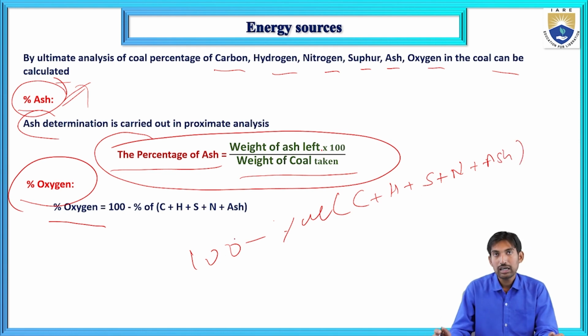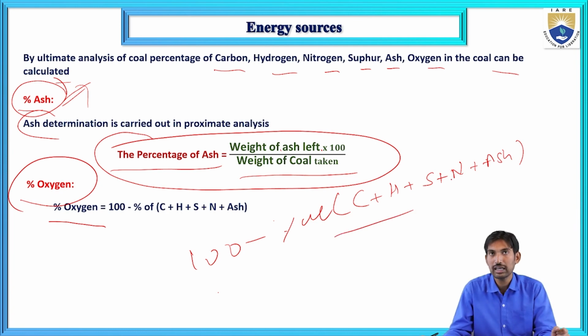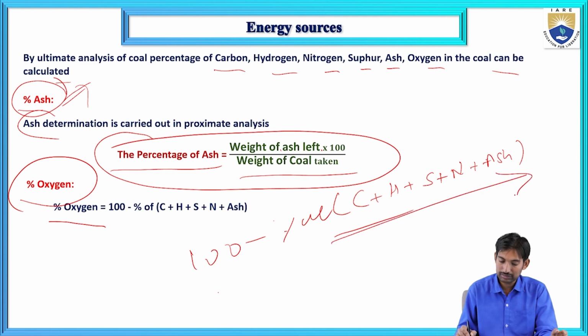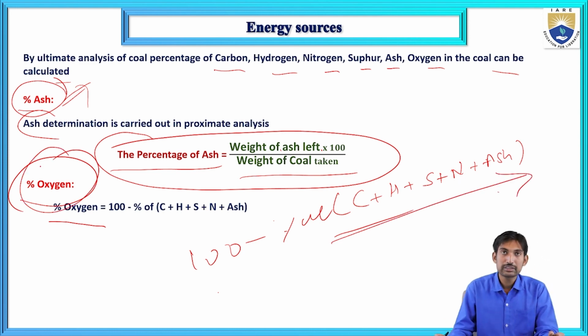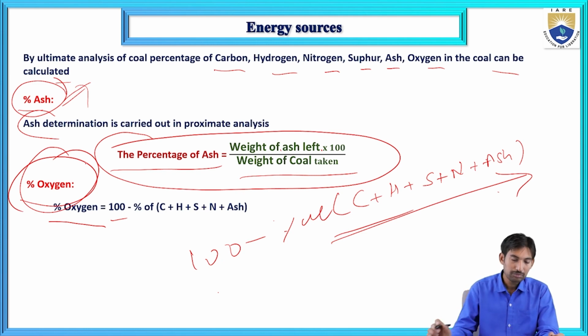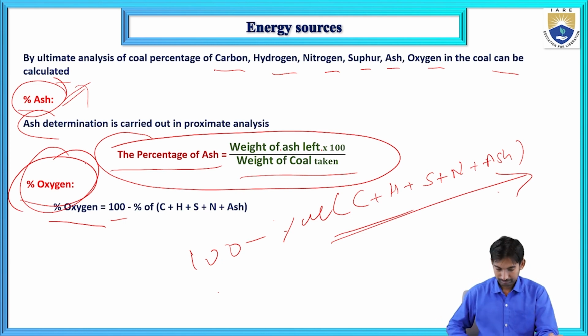If you subtract all these percentages from 100, you get the percentage of oxygen. The formula is percentage of oxygen equals 100 minus the sum of percentage of carbon, hydrogen, sulfur, nitrogen and ash.